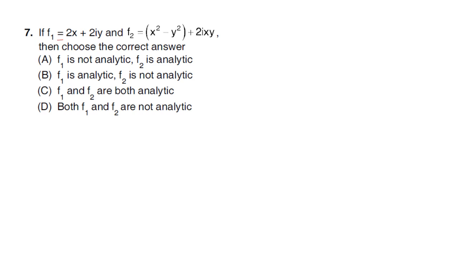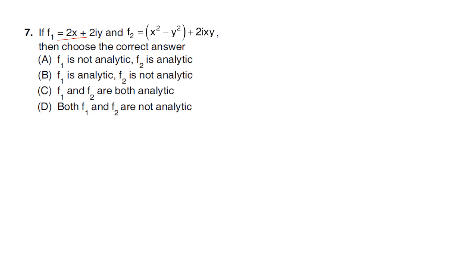If f1 is equal to 2x plus 2iy and f2 is equal to x square minus y square plus 2ixy, then choose the correct answer. Options are: f1 is not analytic, f2 is analytic; f1 is analytic, f2 is not analytic; f1 and f2 both are analytic; both f1 and f2 are not analytic.